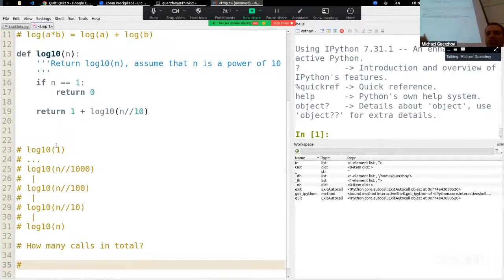We invert it. So we say we start with 1, which is 10 to the 0. And then we go to 10 to the 1. And then we go to 10 to the 2. And so on up until the point where we get to n. So the answer is like how many numbers in the sequence.